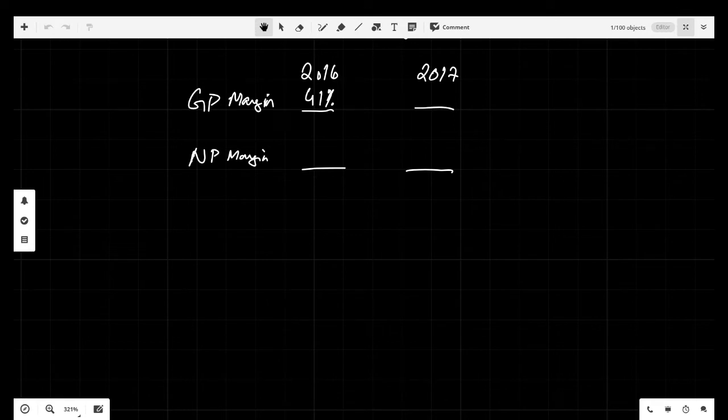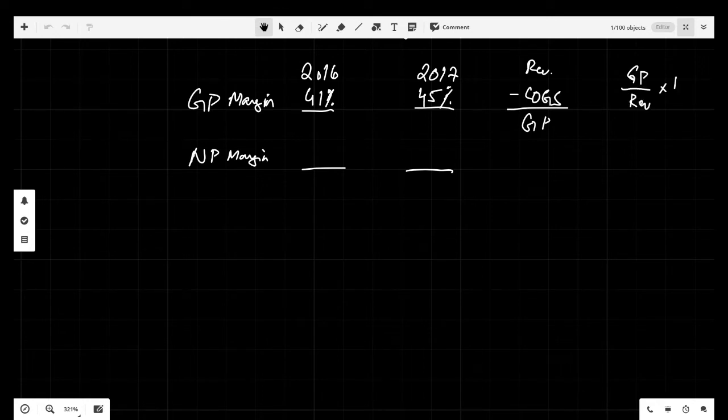Okay, now let's look at how this gross profit is calculated, for which we have calculated the gross profit margin, and then maybe we can comment on if there is a way that a business can increase its gross profit margin. So we have got revenue minus cost of goods sold is equal to gross profit. And for gross profit margin, it is GP by revenue times 100.